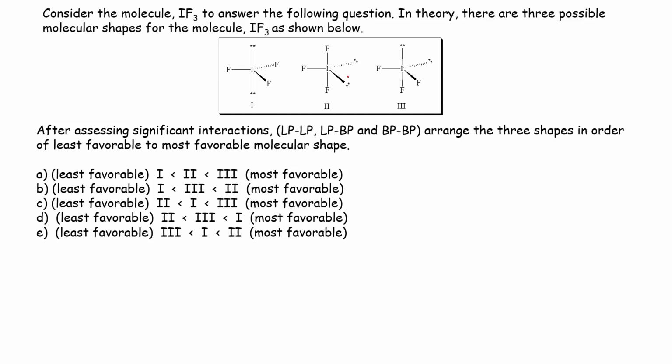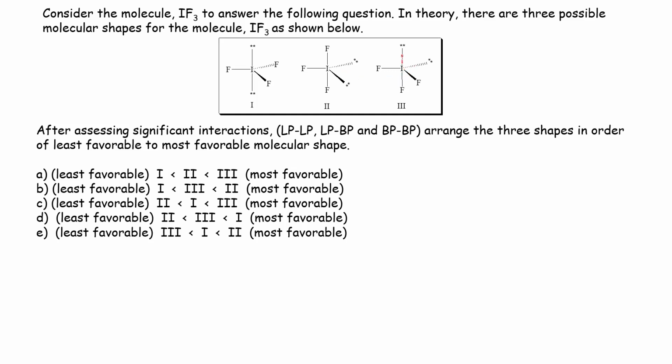And in shape 2, there is also no lone pair repulsion because the angle between the 2 lone pairs is 120 degrees, because the one in the middle is the trigonal planar. So that's 120 degrees. Also no lone pair repulsion.